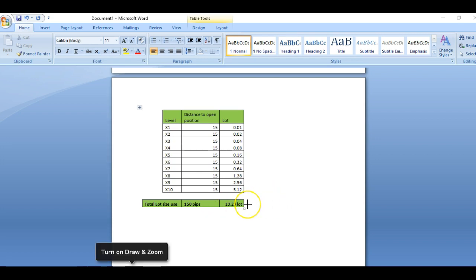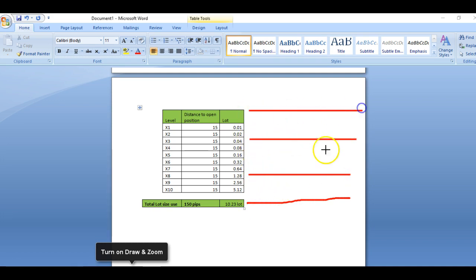So here, let's start with this one. Let's say for example this is your first one, this is your third one, this is your fourth one.